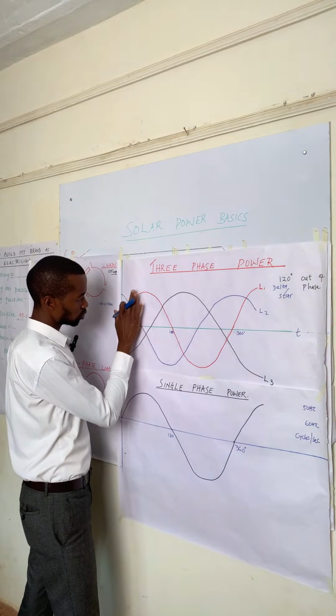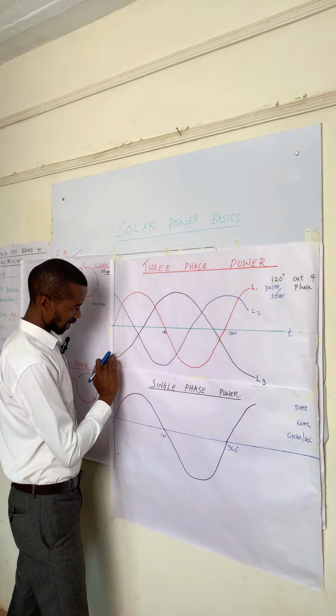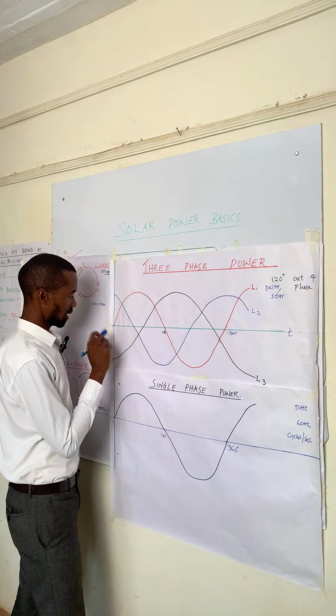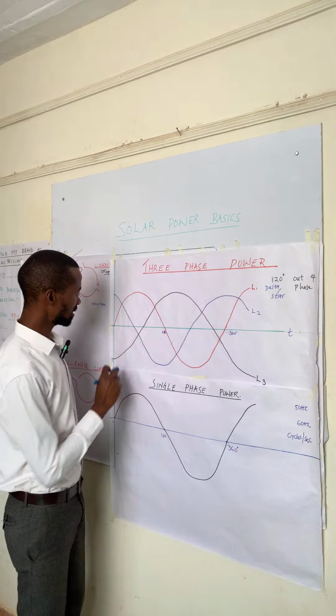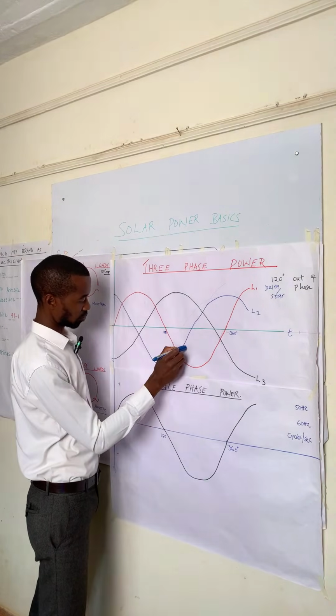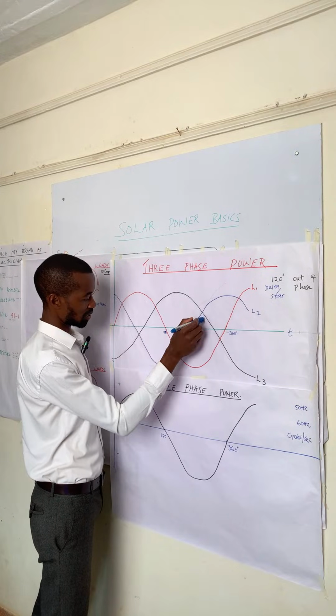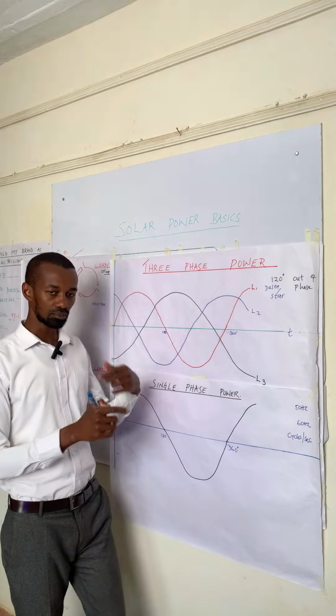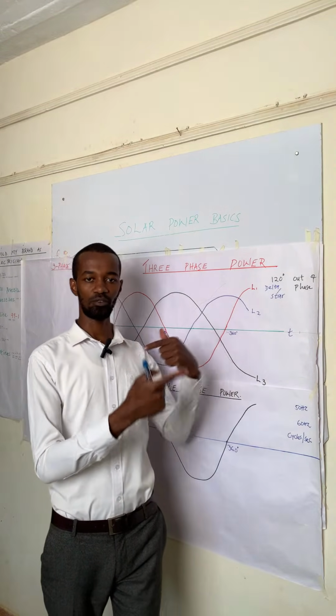What we have is usually the red phase, and then the yellow phase, and then the blue phase. Now notice this. At any given point, when this is up, the other phase is down, and then the other phases are meeting at this point. Now remember, AC travels back and forth.